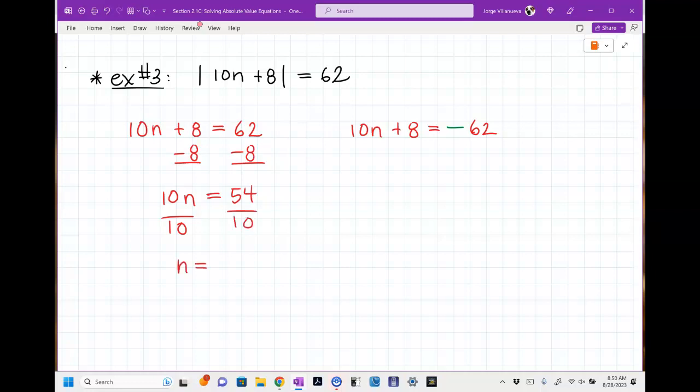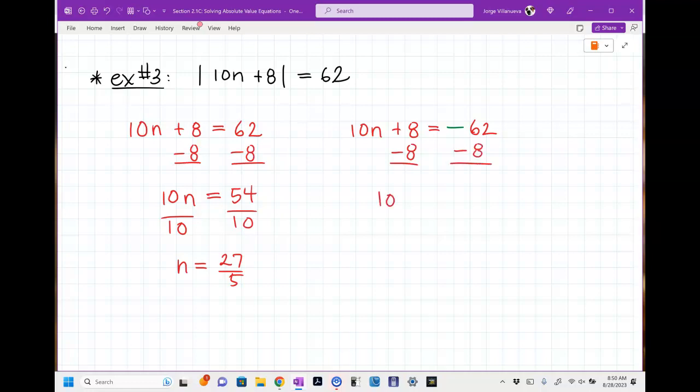So n is equal to 54 over 10. If I reduce it, becomes 27 over 5. Or if you want to write 5.4, that works too. But since I'm doing it by hand, I'm just going to reduce using fractions. And there you go. I just divided 54 and 10 by 2. Now let's go to the right side. I'm going to subtract 8.